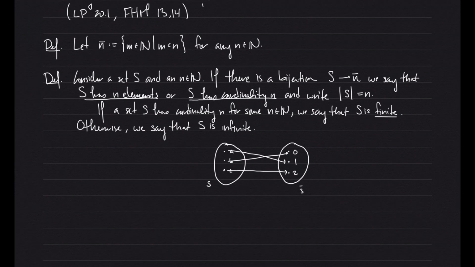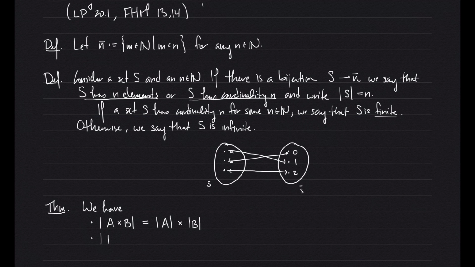Okay, so here are some useful facts about cardinality that hopefully seem very reasonable. First of all, if we have two sets A and B, and we take the product of them, and we want to know the cardinality of that, then this would be the cardinality of A times the cardinality of B. I encourage you to work out some very simple examples to check that that makes sense.